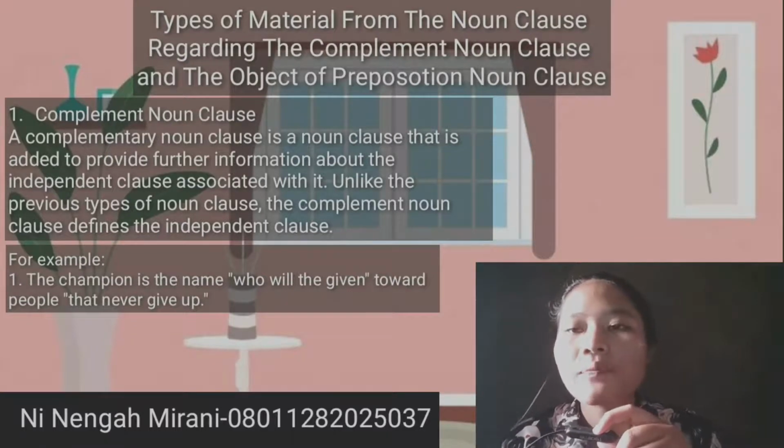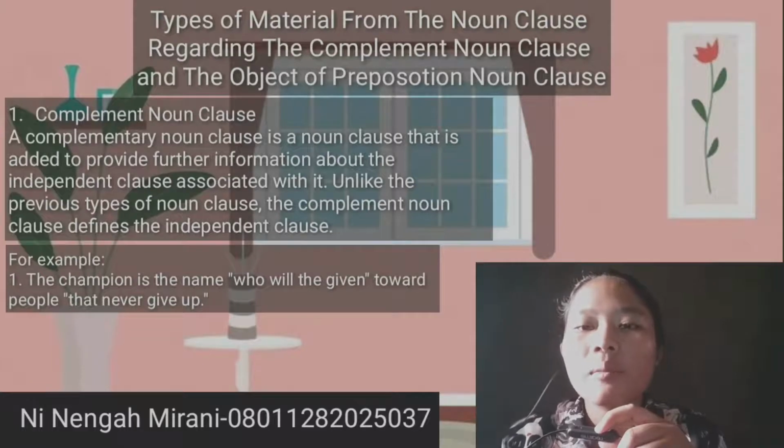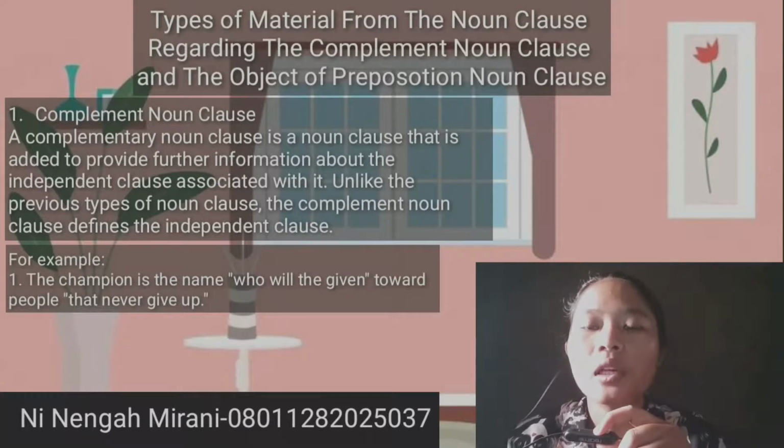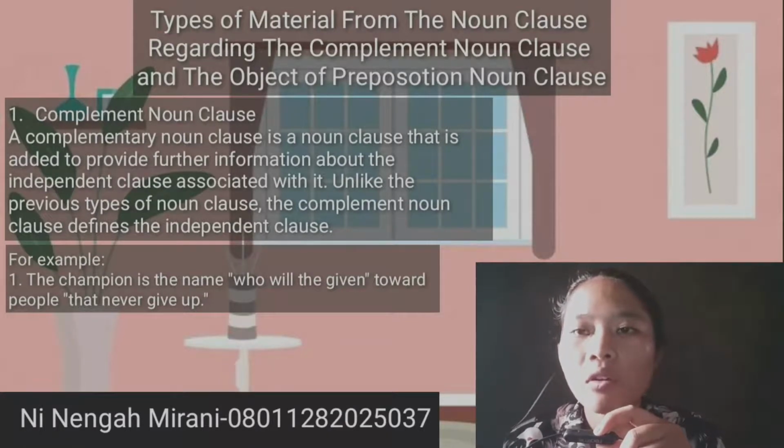Nah, kalau kedua kata itu dihilangkan, jadinya the champion is the name toward people. Sang juara adalah nama pada orang-orang. Itu kan jadinya ganjil kata-katanya.